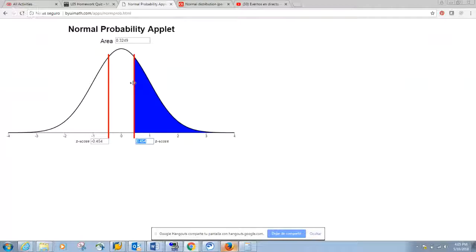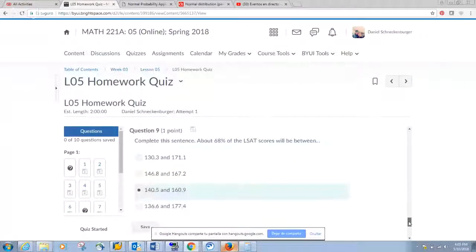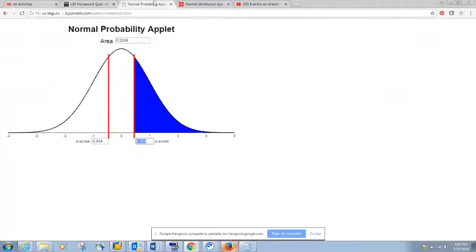The area is 0.3249. Yeah, but it really doesn't help much.